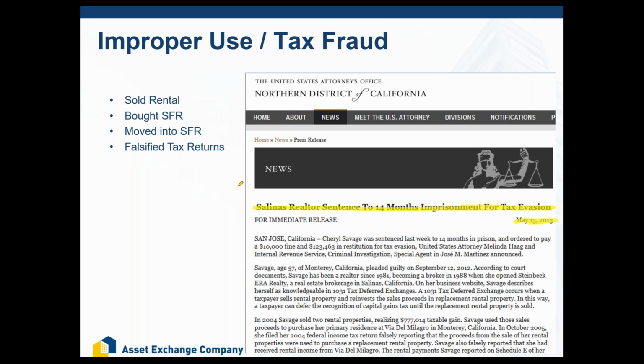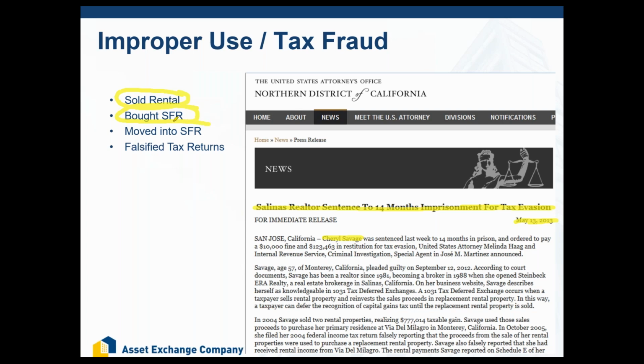Now let's go over the set of circumstances that led Cheryl Savage to spend 14 months in jail. Cheryl sold a rental property, and it was a legitimate rental property. She bought a single family property, a home, and you can do that in a 1031, right? You can buy a home, but if it's a 1031 exchange purchase, what do you need to do? You need to rent it out, right?